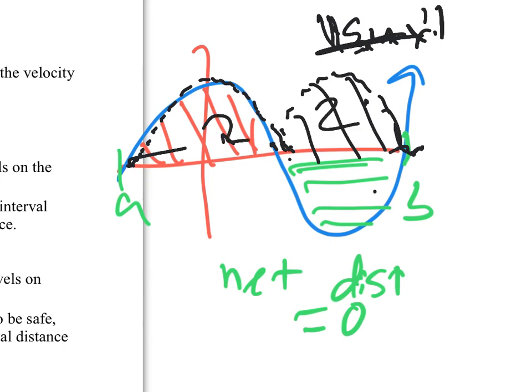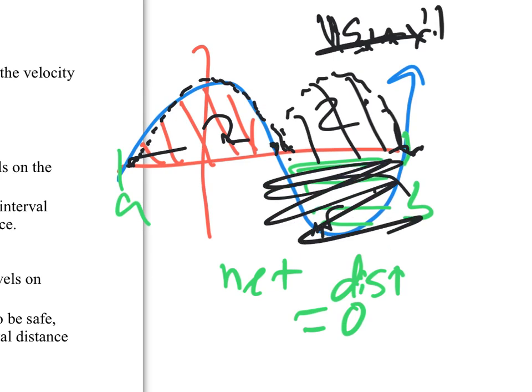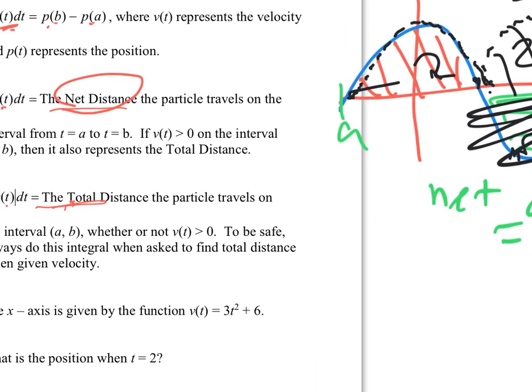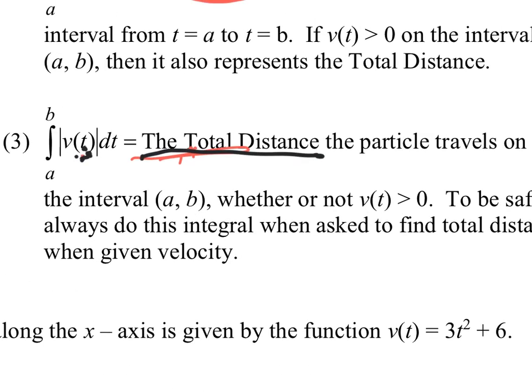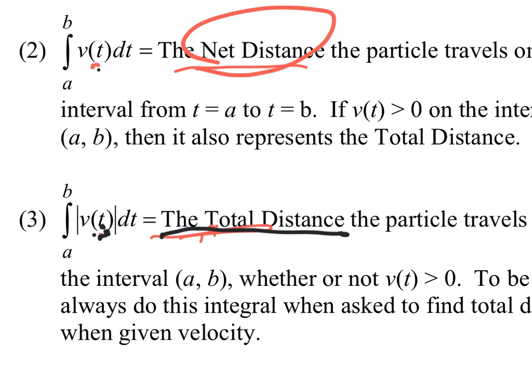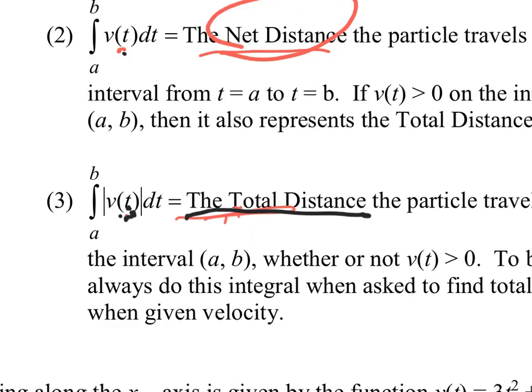It didn't cancel out because the absolute value shoves that function up on top. You don't even have this piece anymore. So if you want total distance, then you need the absolute value of the function. If you want net distance, do not absolute value it. You want the negatives to cancel out the positives.